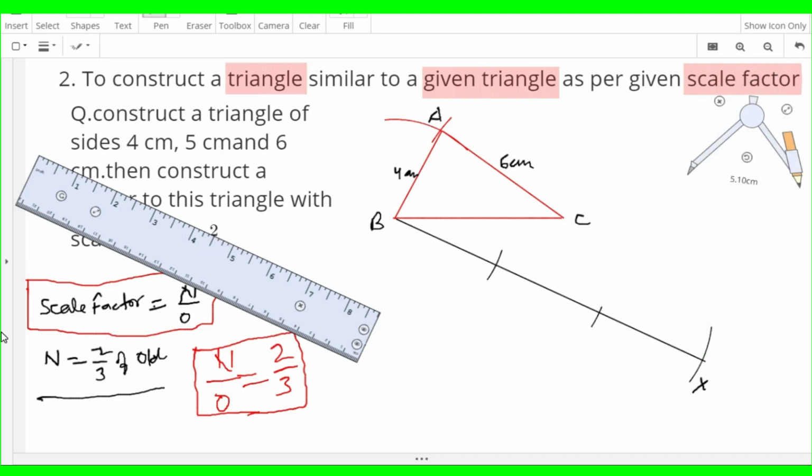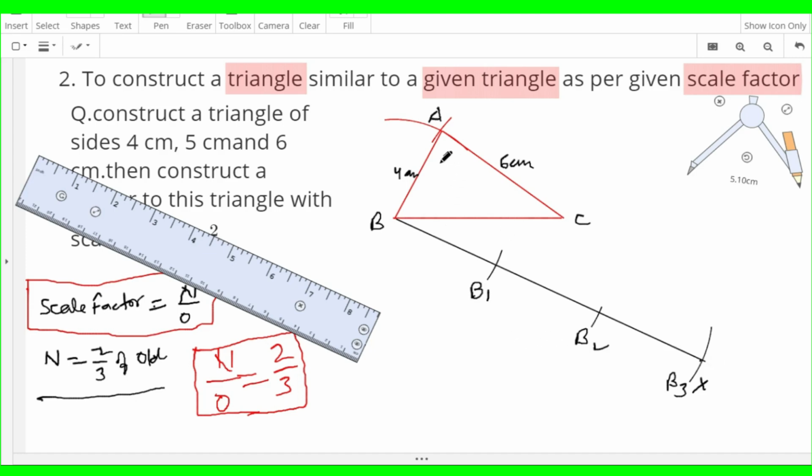Name them B1, B2 and B3. Again see the ratio 2/3, 3 is greater, so we have taken 3 equal parts.